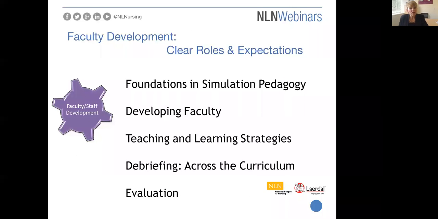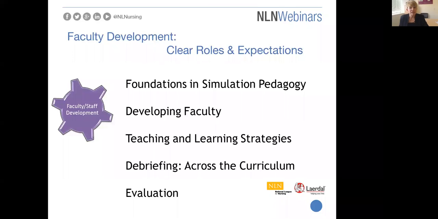As we think about faculty development and developing clear roles and expectations, these are some of the areas that you really need to think about in development. And so you're going to be looking for resources that help you to develop a foundation in simulation pedagogy. What is that? It's active learning. And there's an art to it, but there's an art to teaching and learning strategies in general.